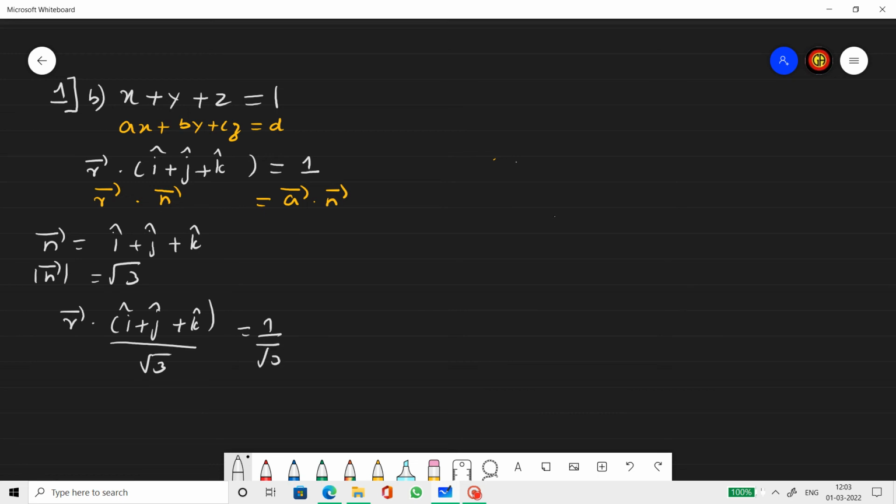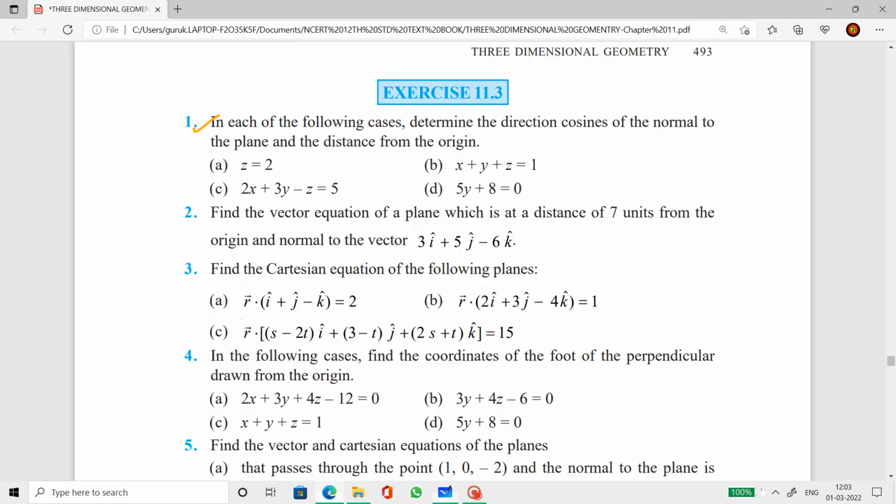Now this is in the form r vector dot n cap equals d, wherein the direction cosines will be 1 by root 3, 1 by root 3, 1 by root 3, and the distance from the origin is also 1 by root 3. So this is how we do all the sums in the first category.